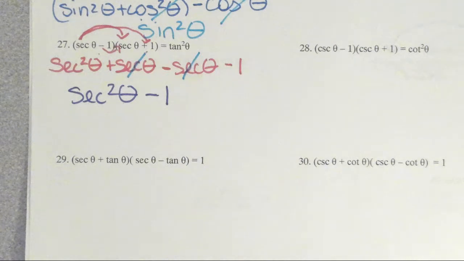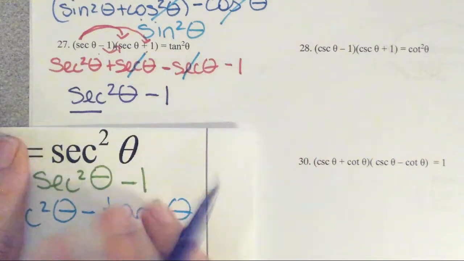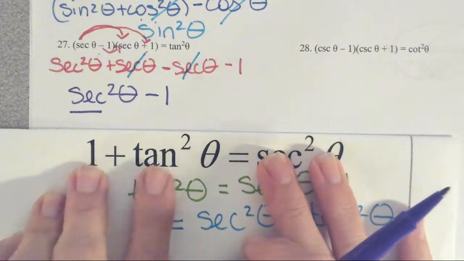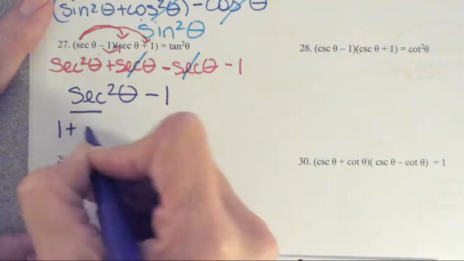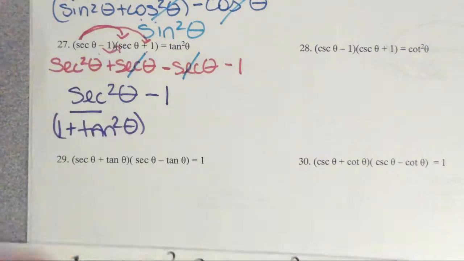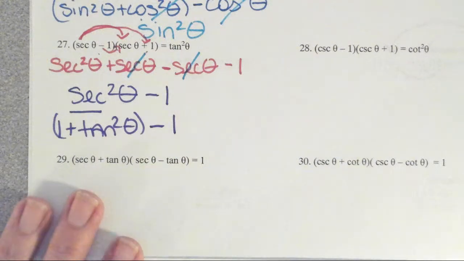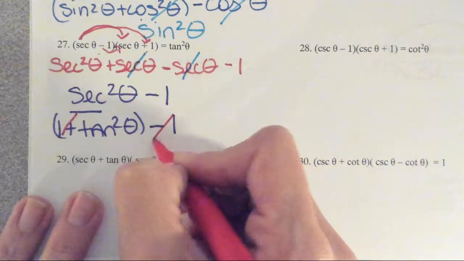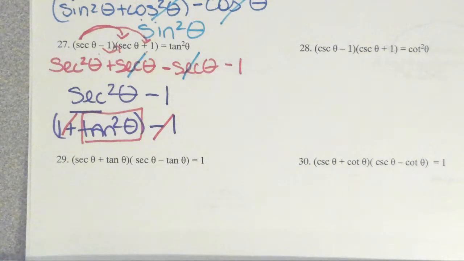So I know that this 1 right here, I can replace with I tan squared. So 1 plus tangent squared replaces the secant squared. And then I bring down my minus 1. My 1's are going to cancel, and what's the only thing I have left? Tangent squared theta.